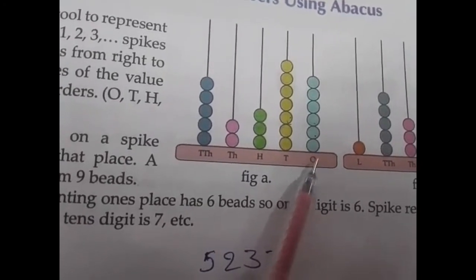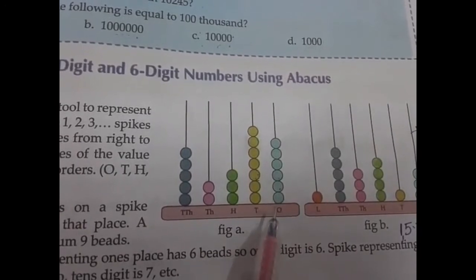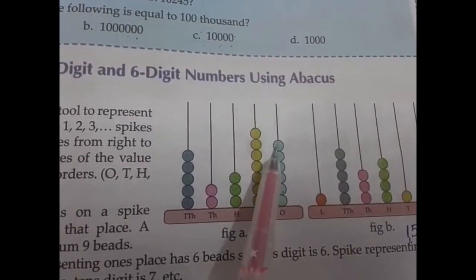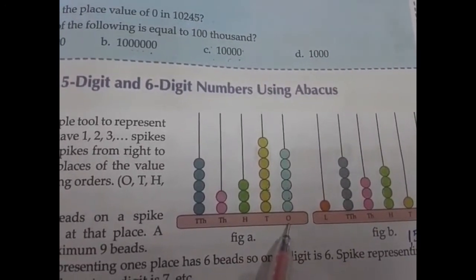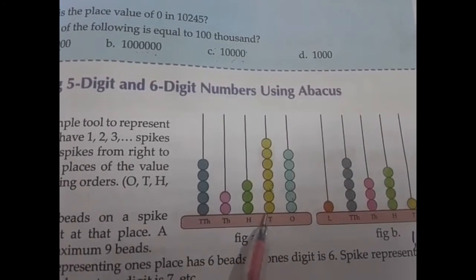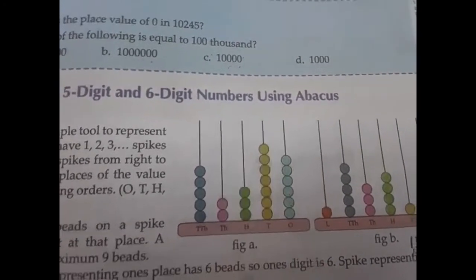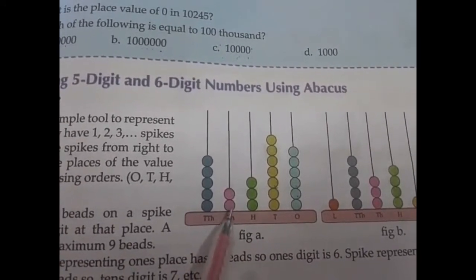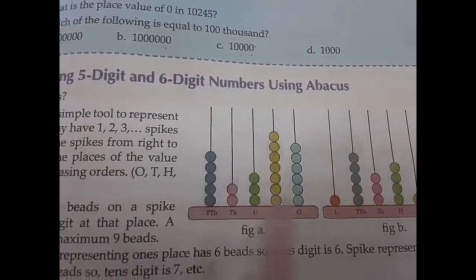Here, in the ones place spike, how many beads are there? 1, 2, 3, 4, 5, 6. 6 beads on the first spike. In the second spike, how many beads are there? 1, 2, 3, 4, 5, 6, 7. Here 1, 2, 3. Here 1, 2. Here 1, 2, 3, 4, 5.